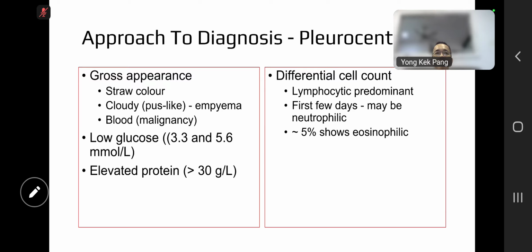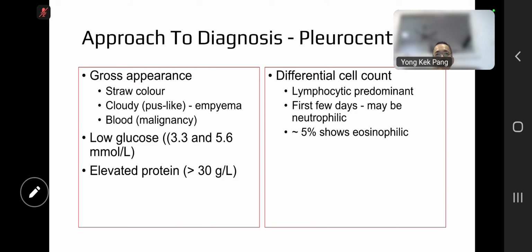For pleural TB, typically it is straw colored, usually quite clear. But if you find that it is quite cloudy, then you must suspect whether this is empyema due to either a secondary bacterial infection or TB empyema. Blood is not common for pleural TB. If you see blood, you must always suspect whether there's an underlying lung malignancy.